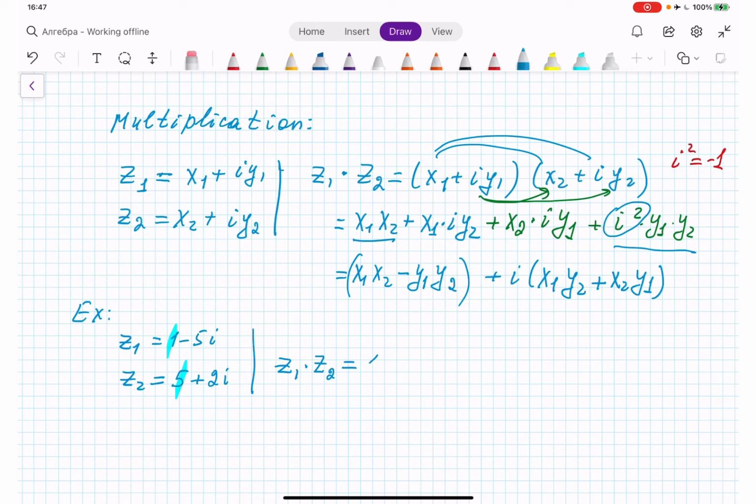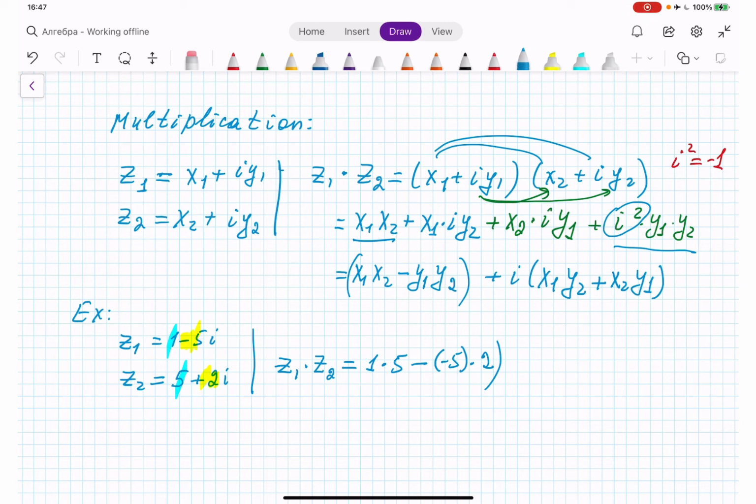It's going to be 1 times 5, and minus y1 y2, y1 is -5, and y2 is 2. So it's going to be -5 times 2, right? Okay, this is our whole portion.